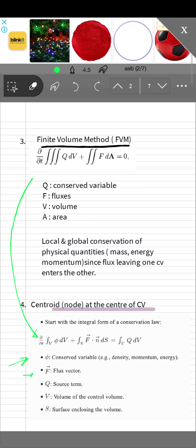The flux vector is the same as in the previous case. The area is being replaced by S. The only thing is that we had no source term before, but now we are assuming there is a source term. The earlier form considers the whole system, whereas this one is when there is exchange taking place from one control volume to another. So there has to be a source, and that source is represented by this volume integral.